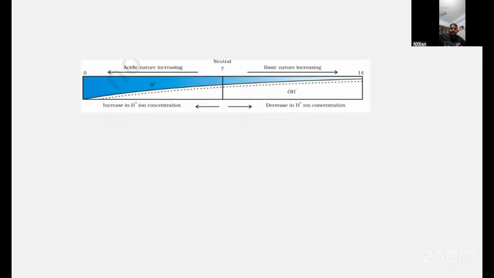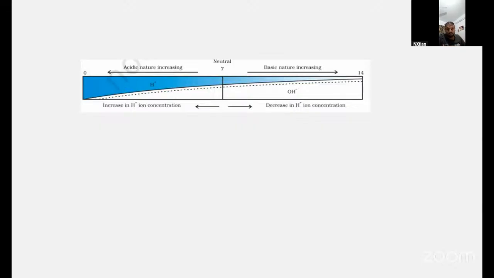And when this acidic rain also goes into the river, it lowers the pH value, and aquatic animals also die. Now, pH of the soil. If the soil pH is 7, meaning neutral, it is not good for the plants.